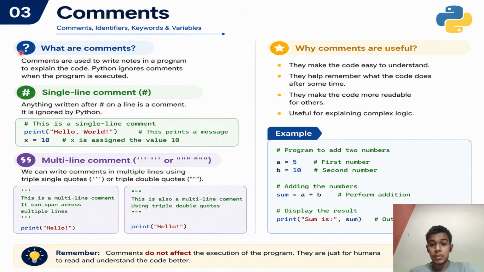One important thing to remember is that Python ignores comments when the program is executed, so they do not affect the output. Now, there are two types of comments. First is single line comment and another one is multi-line comment. In single line comment we use hash and in multi-line comment we use single quotes or double quotes three times.